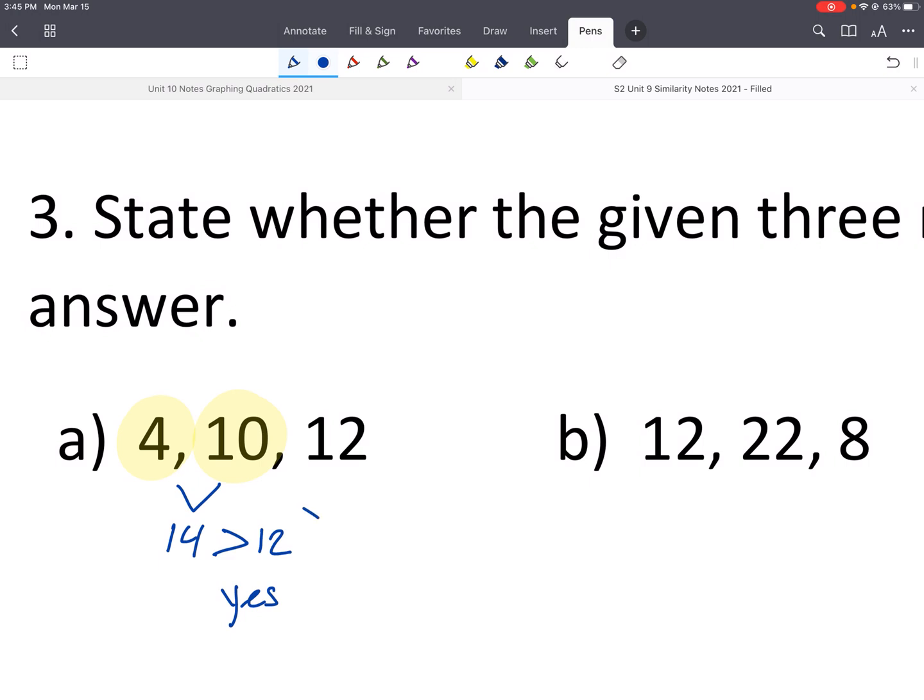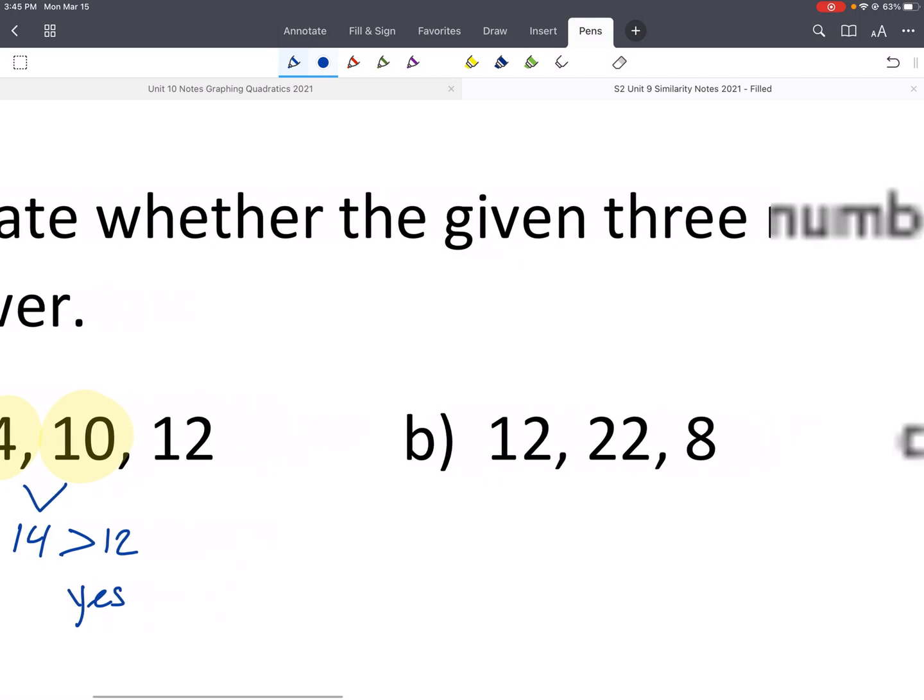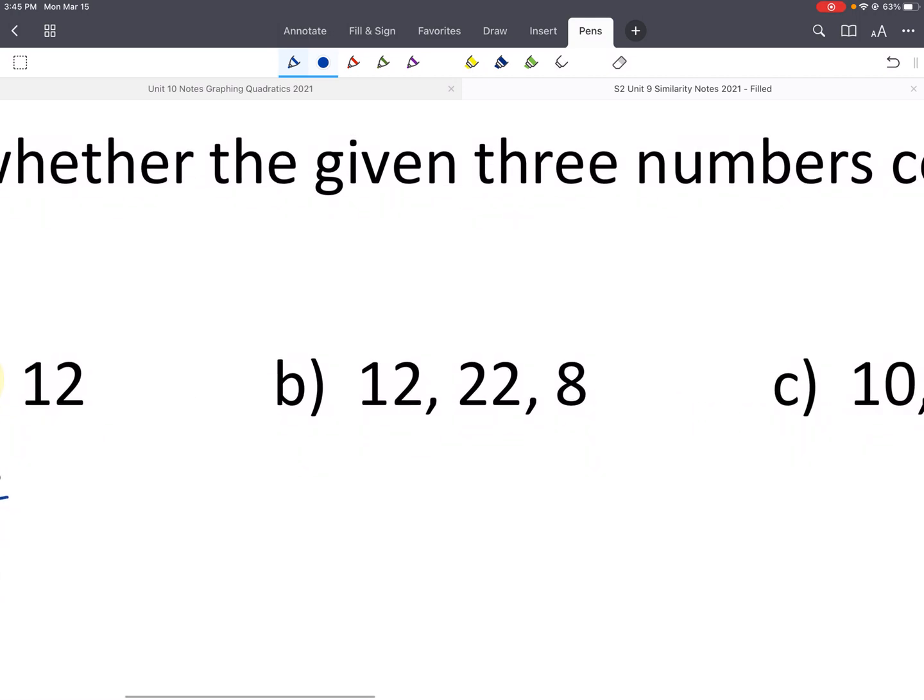Okay, and this is how I want you to justify. I don't want just a yes or a no. I want you to justify using inequalities. So 14 is greater than 12, so we can make a triangle. Let's try B together. So the two smallest, that gives us the 12 and the 8. We add those together. That gives us 20.